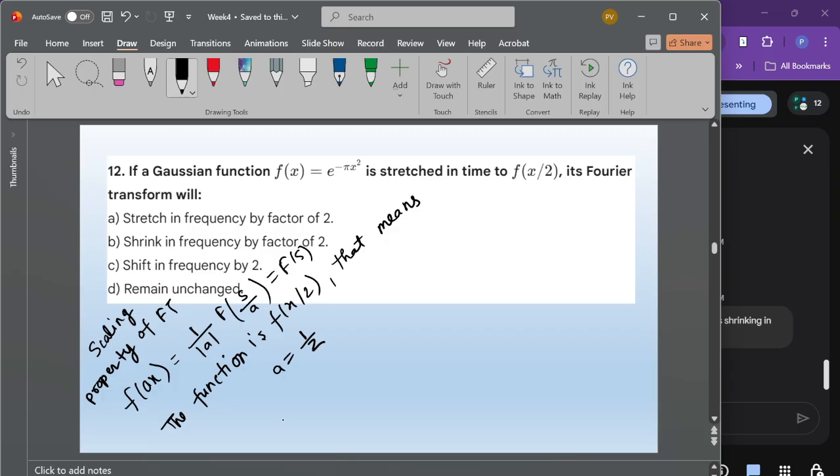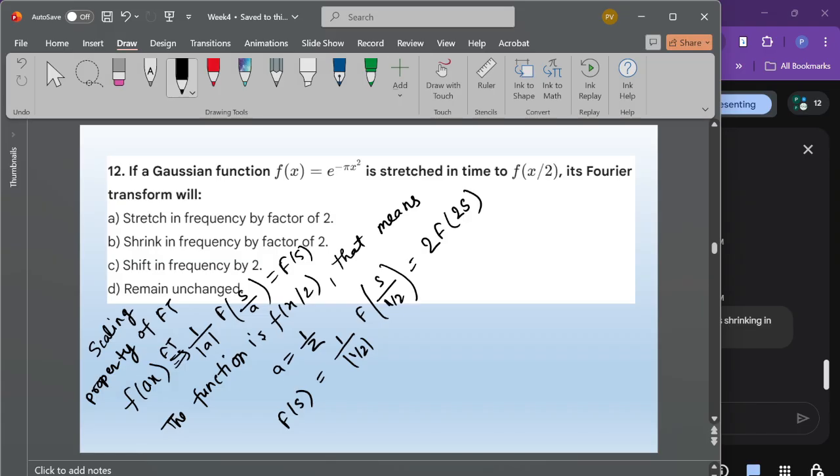If you put 1 by 2 in the place of a, you will get F of s by 1 by 2, so finally you will get 2 F of 2s, right?